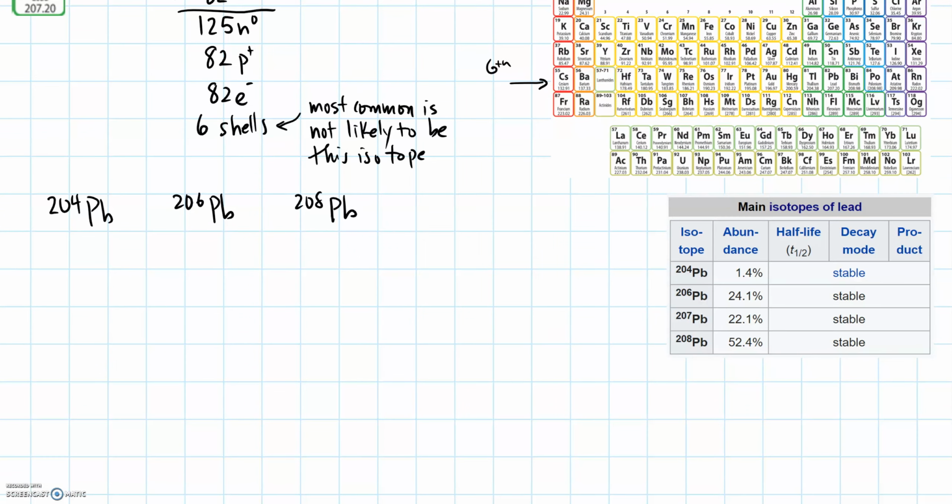So when I look at this, they all must have the same protons. So I know that these are going to be the same for all isotopes. So the only thing that's going to differ here is the number of neutrons. So let's calculate the neutrons in each of these cases. I know that each of these has 82 protons.